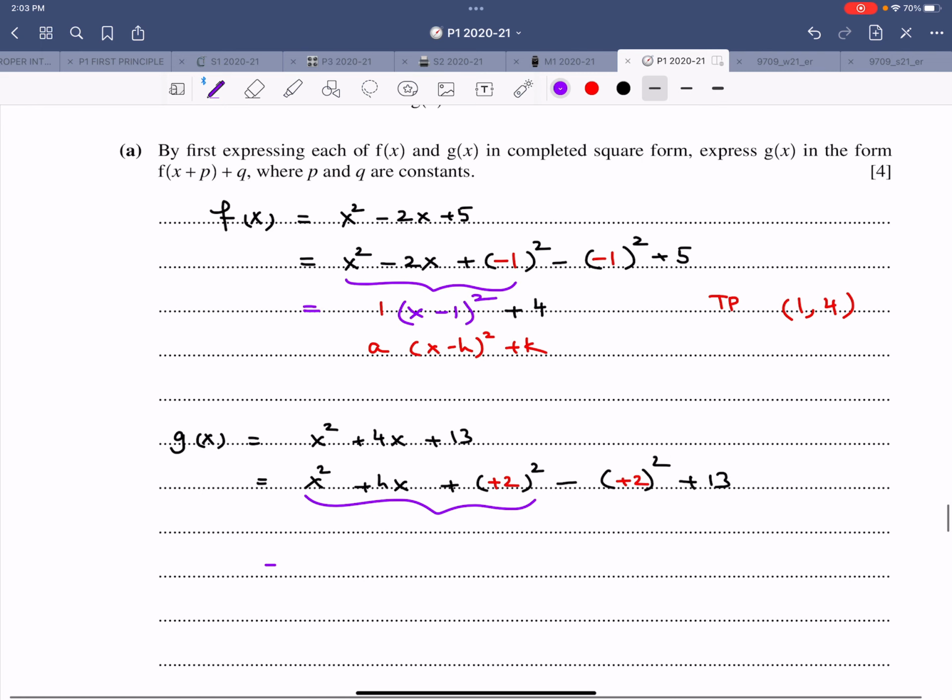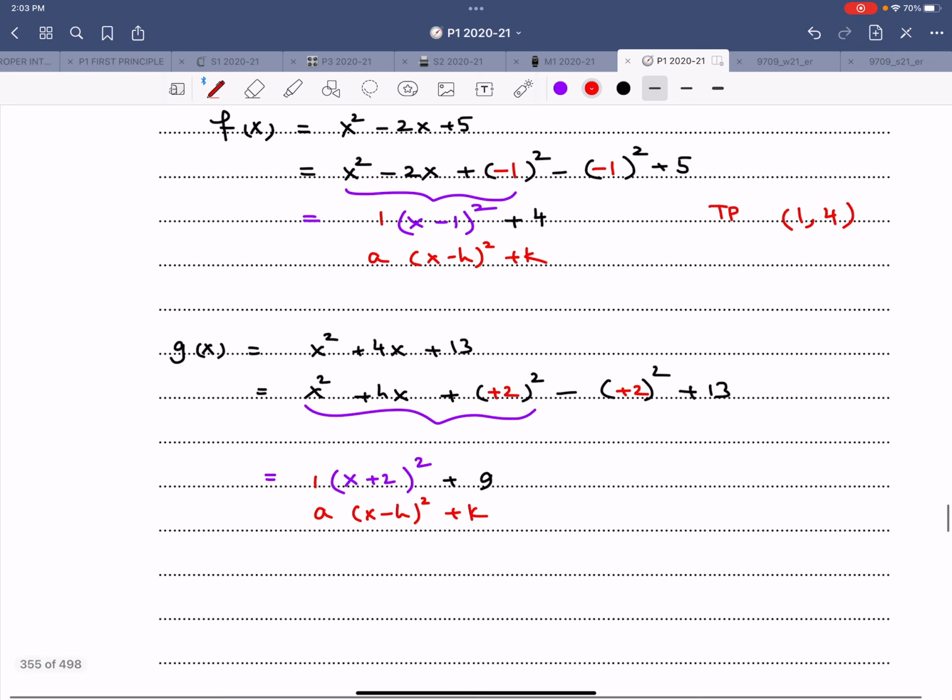That is x plus 2 whole squared minus 4 plus 13 is plus 9. So let me write this as plus 9. Compare it with a(x minus h) whole squared plus k. Actually a is 1. And now the turning point is (minus 2, 9).